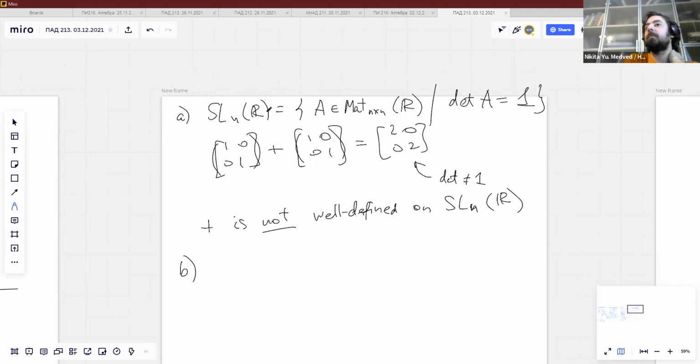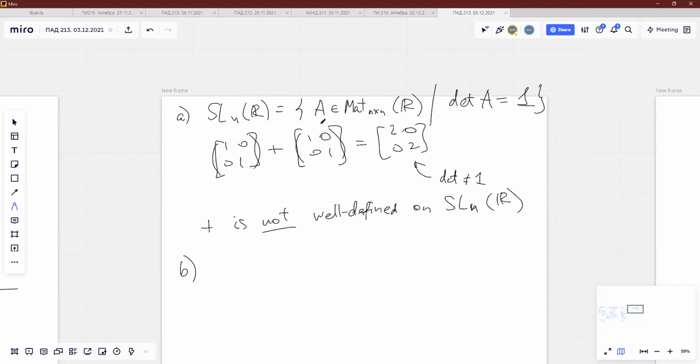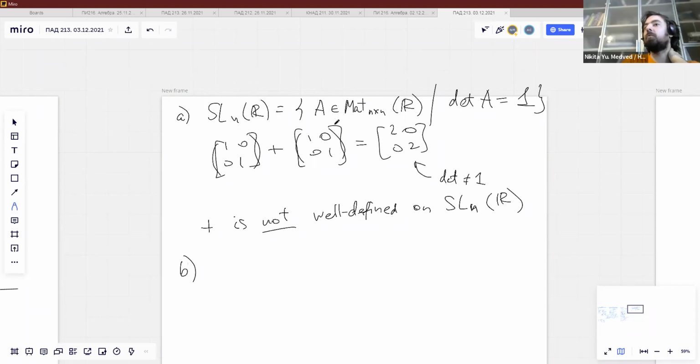You don't need to memorize those letters yet. We will return to them in several months. But this is simply a letter to denote this set. This set is the set of all matrices with determinant equals 1.